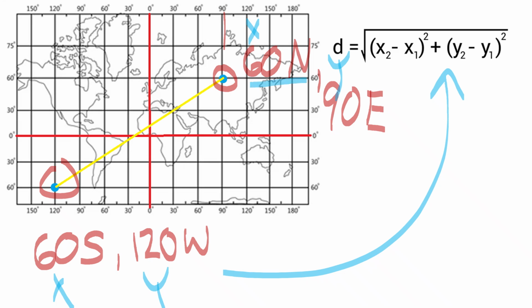This was a 60 north, and this was a 60 south. The number is 60 in both cases. Well, in our math, we can't put an N and an S in here and do the math with that.